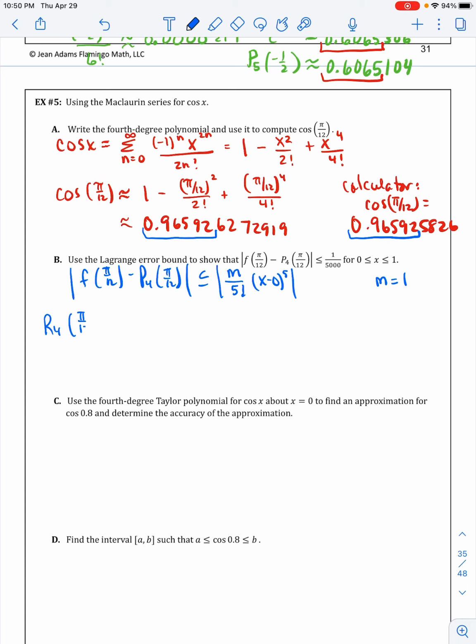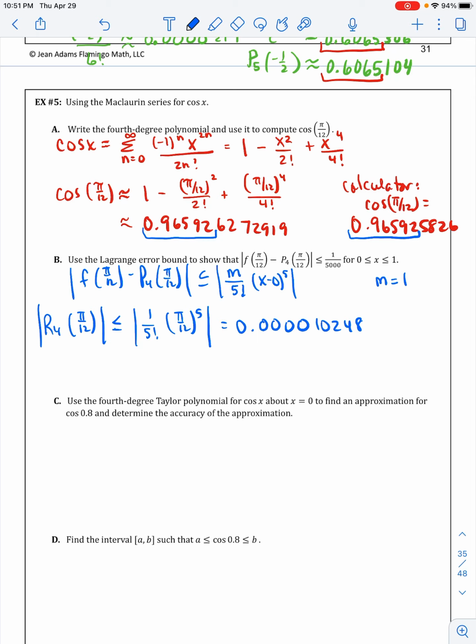And so this is a cosine function. Your maximum is going to be 1. And so we're going to say, okay, your remainder sub 4 will be less than or equal to 1 over 5 factorial times pi over 12 to the 5th.